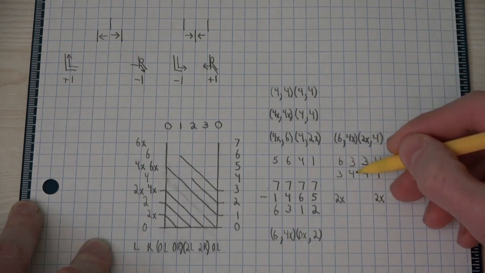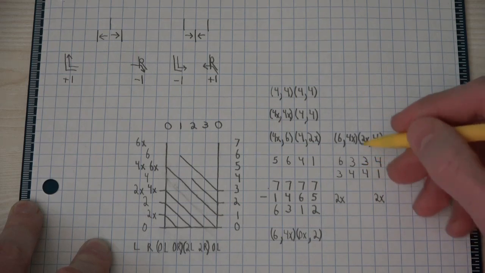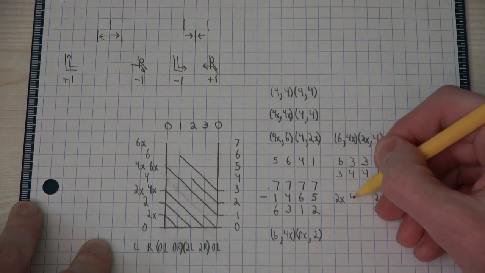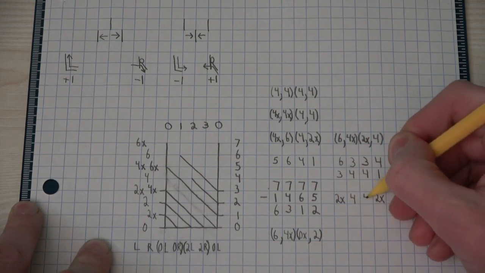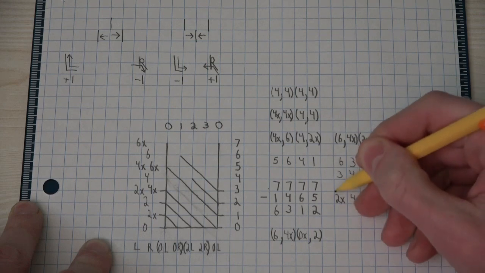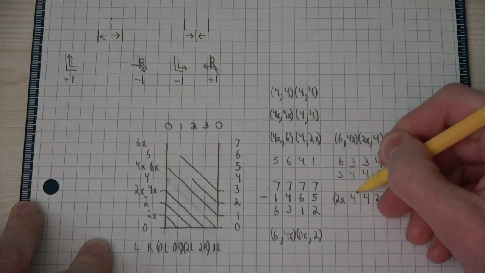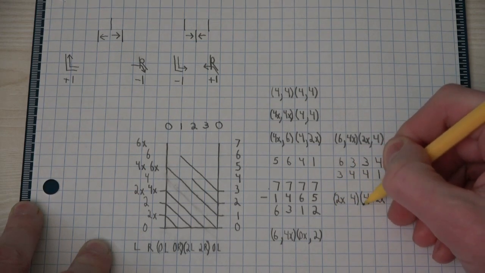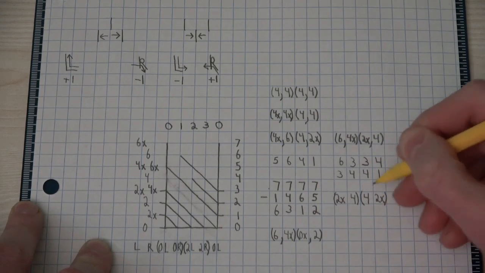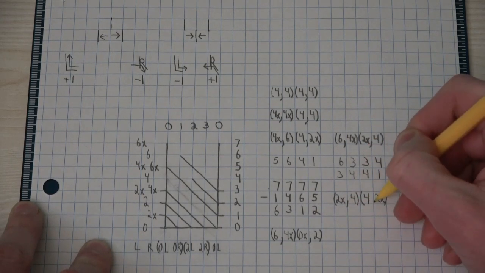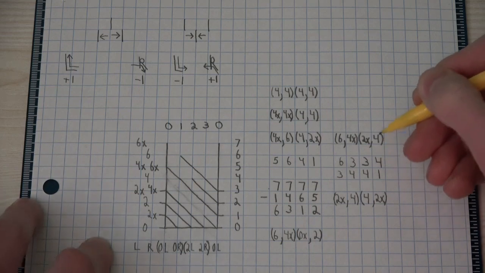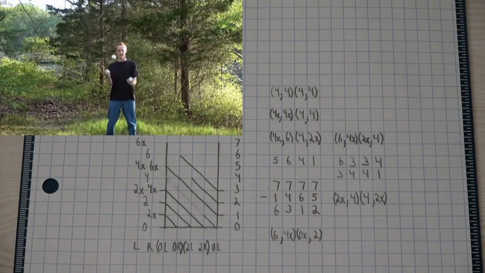And we keep the right hand 4 and the left hand 4. We get the 2x, 4, 4, 2x.